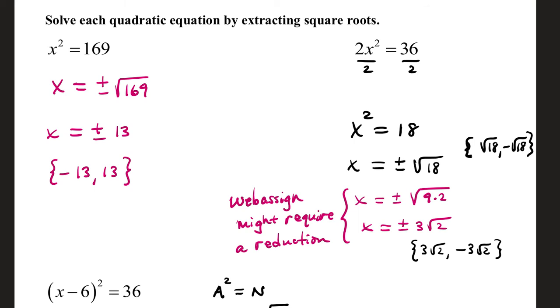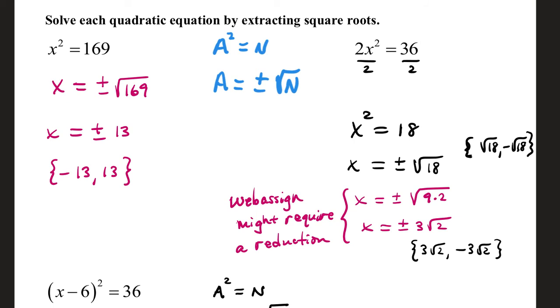The formula, and let me sketch this in the middle. If you have some algebraic term squared equal to a number, that algebraic term will be equal to the positive and negative square root of that number.